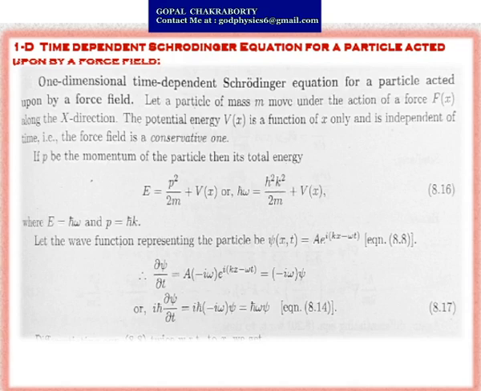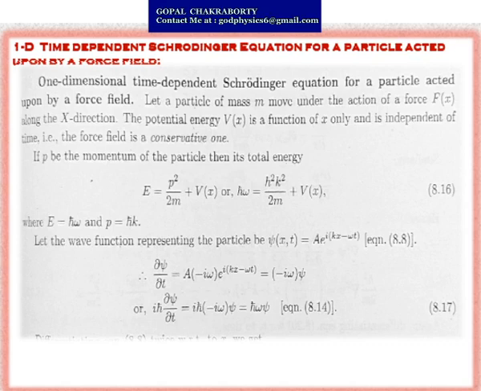So first take the time derivative of this equation. The first order derivative with respect to time will give you A within bracket minus i omega e to the power i(kx minus omega t), which can be written as minus i omega psi.